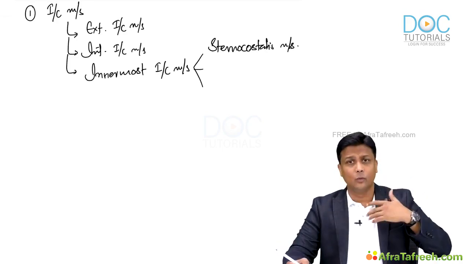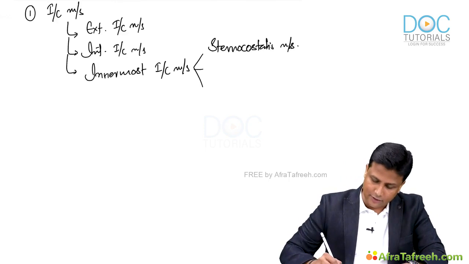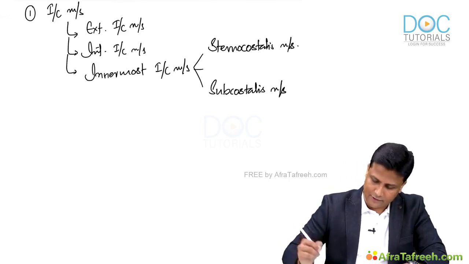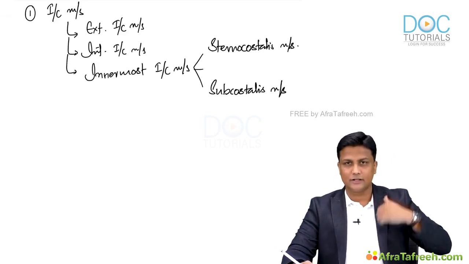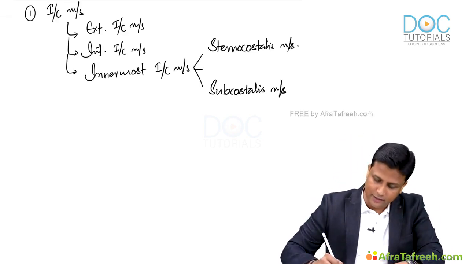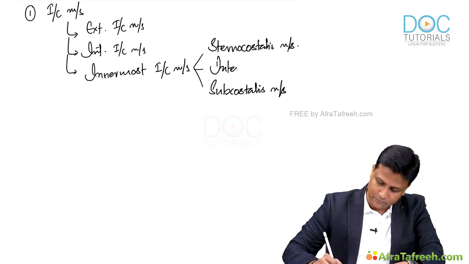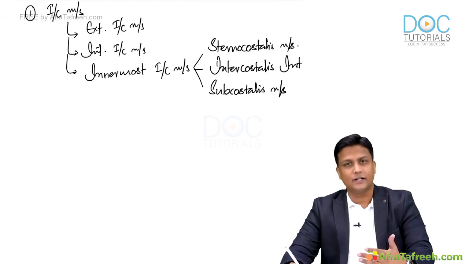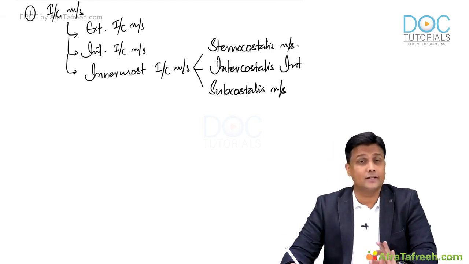And then just in front of the vertebrae, I mean to say behind, you'll be actually having subcostalis muscle. And in between the sternocostalis and subcostalis, there will be intercostalis intimae muscle. So there will be sternocostalis, subcostalis and intercostalis intimae.